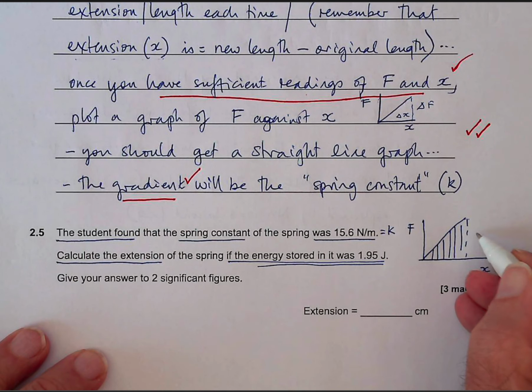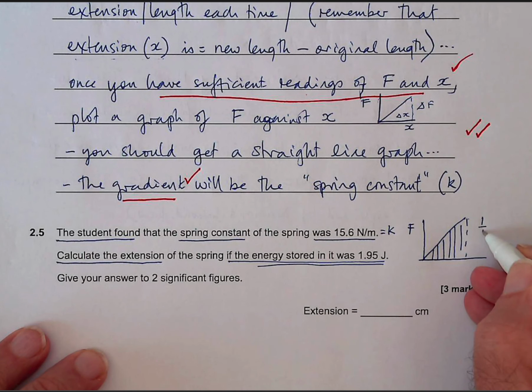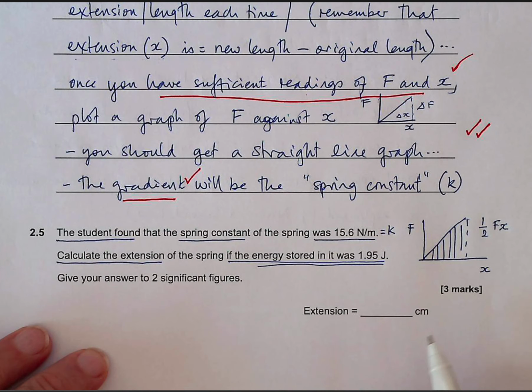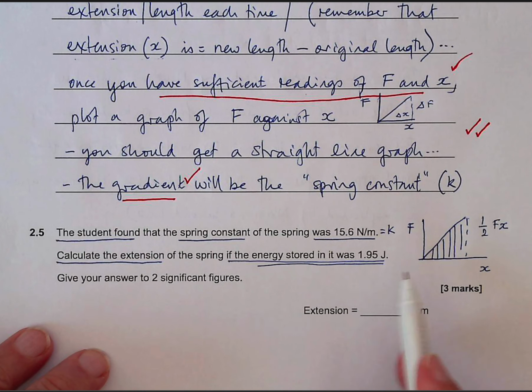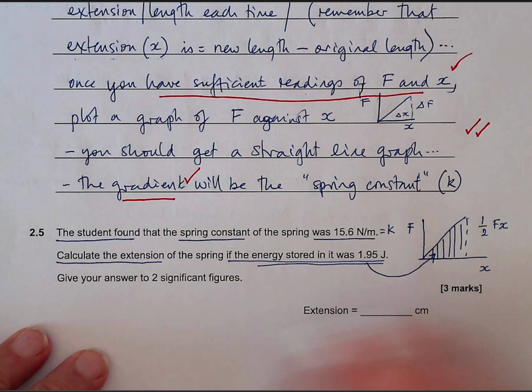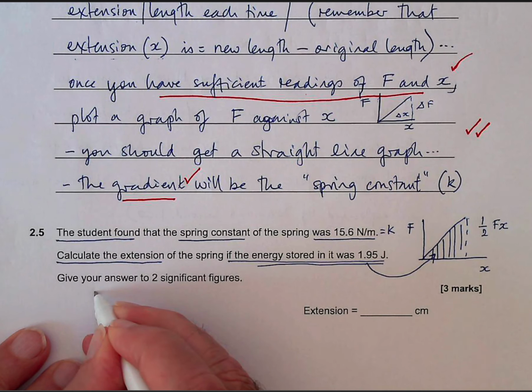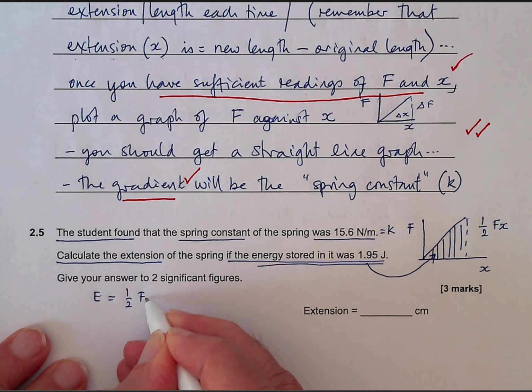Well, this is a triangle, so the area is half Fx. But we don't know the F. We haven't been given that. We've only been given the energy stored. So we know 1.95 is that area. So we could write that the energy stored is equal to half Fx.